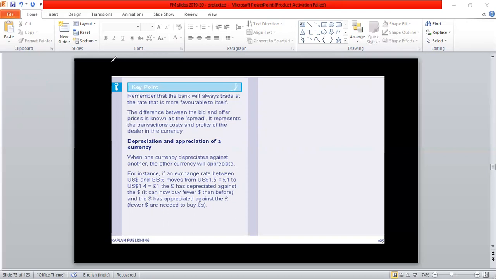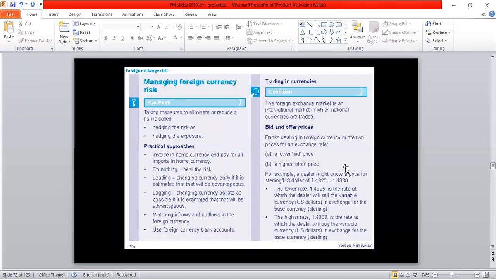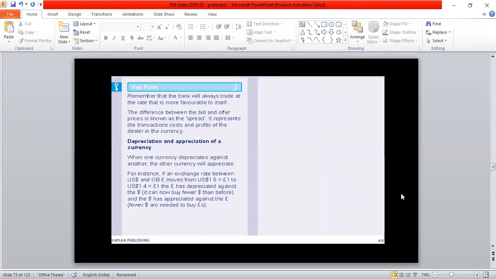Here in the previous slide we have seen that a dealer is willing to sell at a price and willing to buy at a price. It is his price. He is quoting a lower price and a higher price, bidding for the foreign currencies at a particular value. He would be selling the currencies at a lower rate and buying at a higher rate. But the counterparty also will have the offer, isn't it?